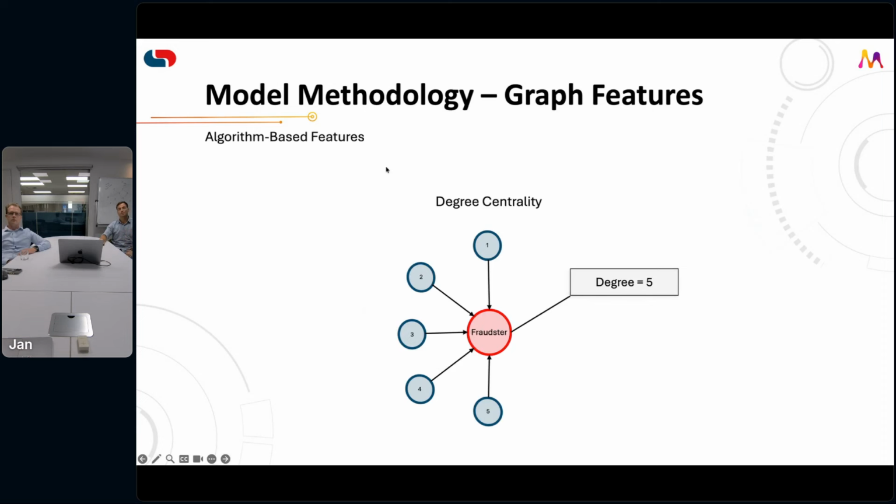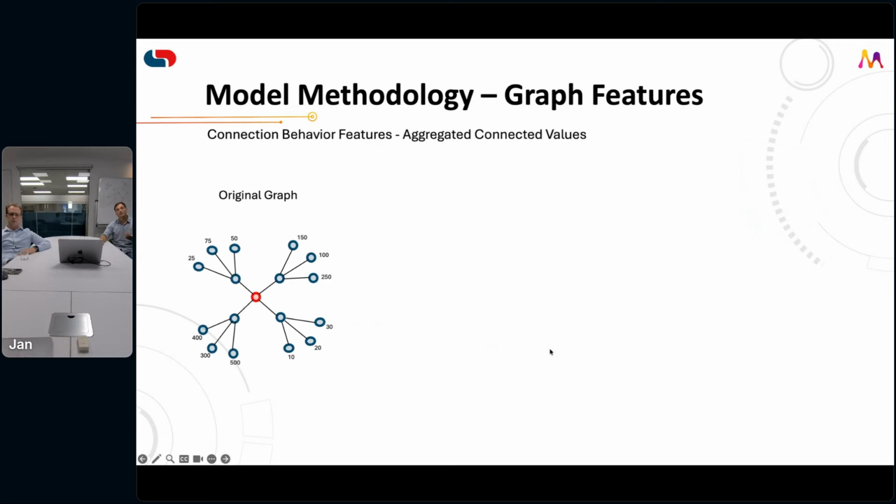I'll explain more about this shortly, but just to show the algorithm-based feature that we looked at, for example, is your degree centrality. You'll look at, say, degree. So you'll start with the amount of connections. And then what we said is, okay, let's start getting creative. And this is where we start looking at the second kind of feature batch that we engineered, by looking at more of your connection behavioral features and aggregating those things.